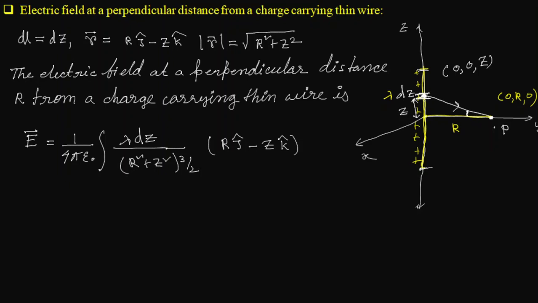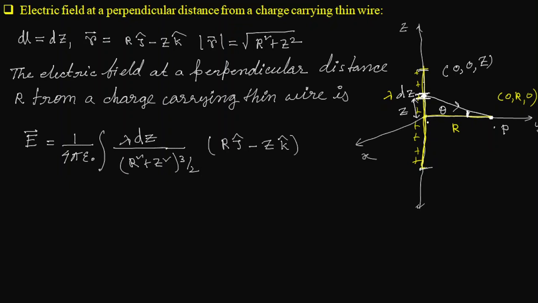If you consider this elementary length at different positions, you can see this angle will be different. So this angle will be a function of z, and let's say this angle is theta. We can replace dz in terms of d theta, and then put the limits of integration in terms of theta.